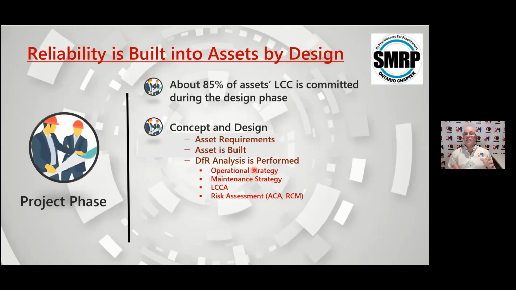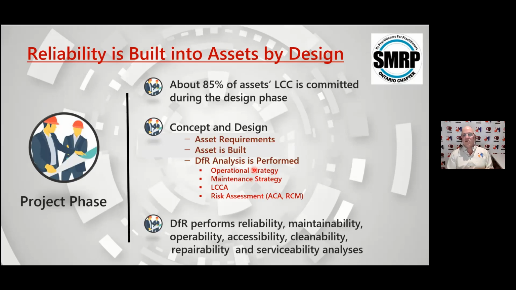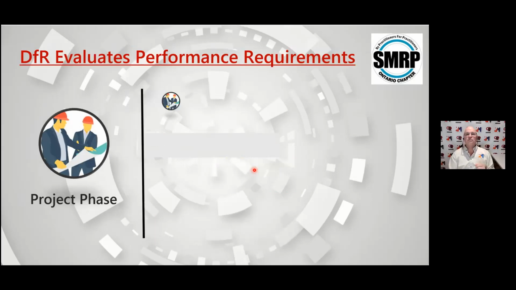And we wish this happen in every pharma plant facility. So here is where we do all the abilities type of analysis, the reliability analysis, the maintainability analysis, etc. are supposed to be done at this phase of the asset's life cycle.